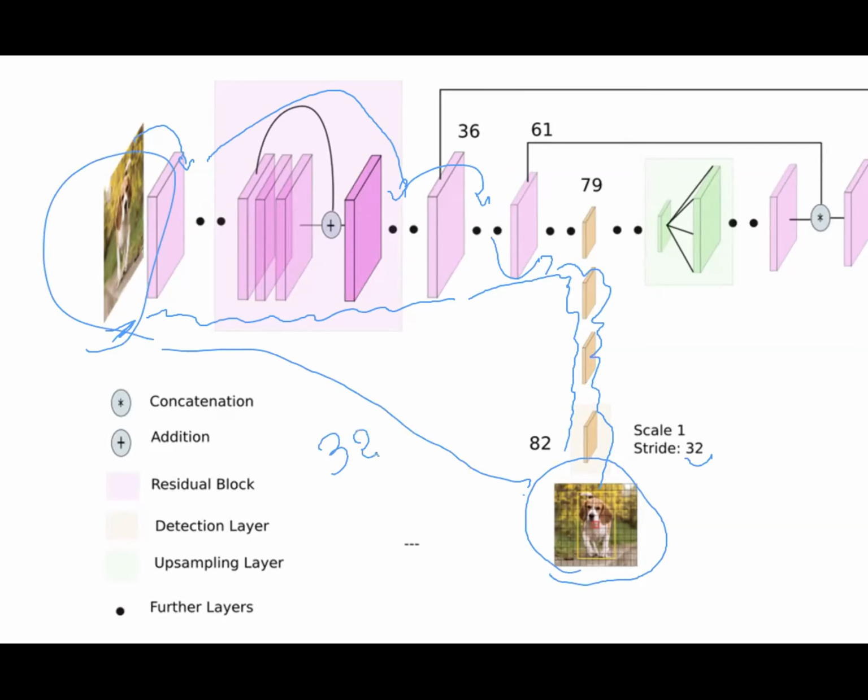So if I ask you a question, let's say we had a very tiny object in the input image. And then we shrink it by 32 times. So we make it 32 times smaller. Is it still detectable in this image? Can we still see it with our human eyes?